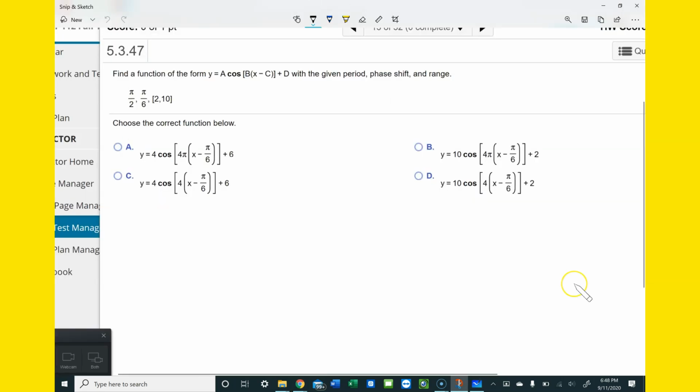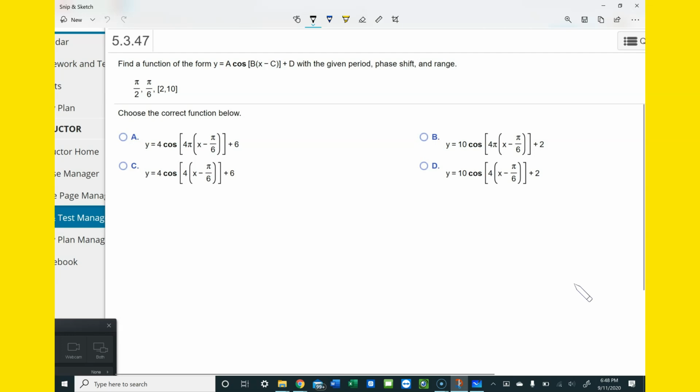So let's look at a problem like number 15 on your homework. This is kind of the opposite way. This time we're given the information about the graph, and we're told to make the function from there. So let's see, this is the period, the given period. This is the phase shift.